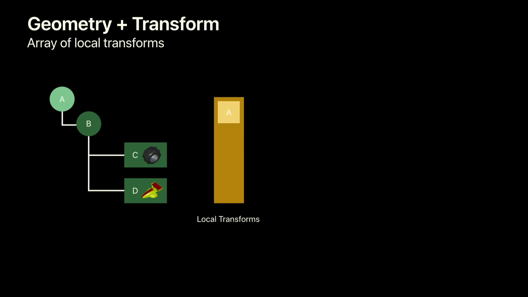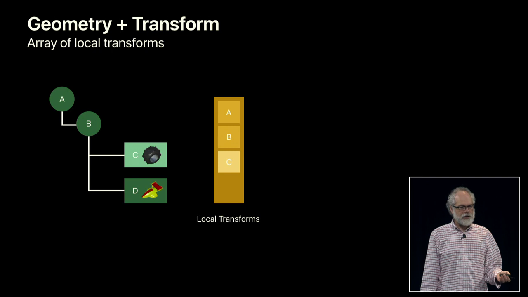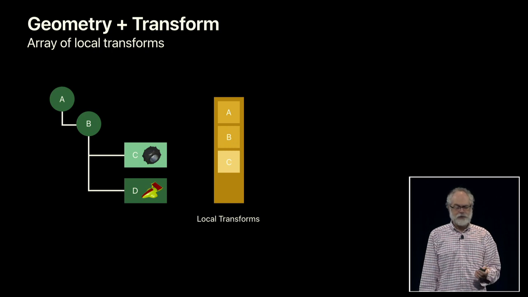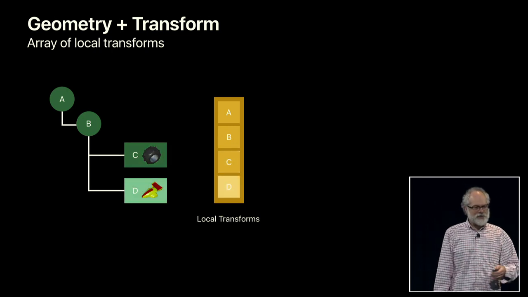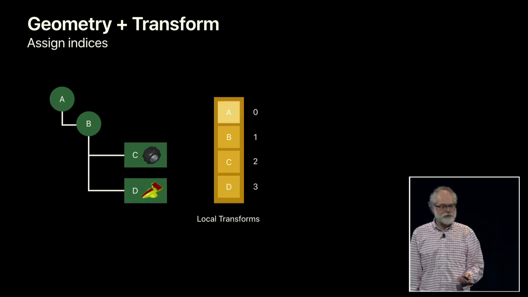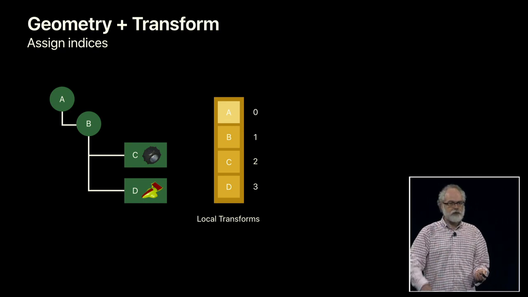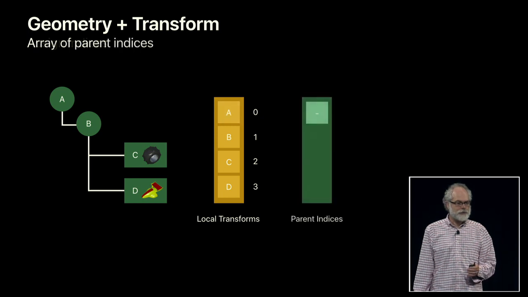The first one, A, is probably identity, the world matrix. Then another matrix to tell us where is the car. Another matrix to tell me where is the wheel. Another matrix to tell me where is the car's body. I'm going to assign indices, because those are going to be really useful in a moment. So 0, 1, 2, 3, that was the in-order traversal of the scene graph.